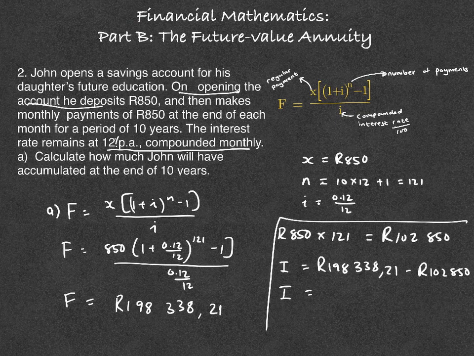So how much interest did John get from his investment? It is 95,488 Rand and 21 cents. Which is not shabby. He's only made 102,000 Rand worth of payments, and it's almost 95,000 Rand of interest. Not too bad.